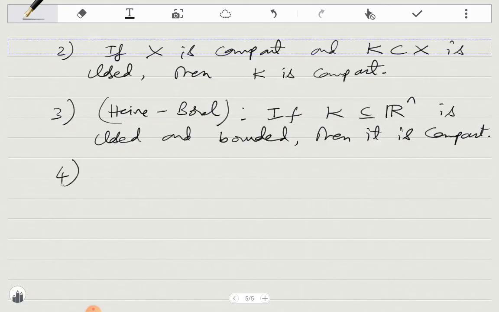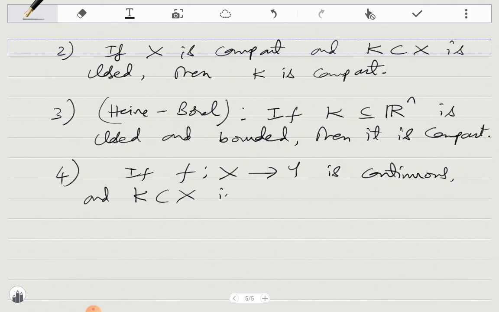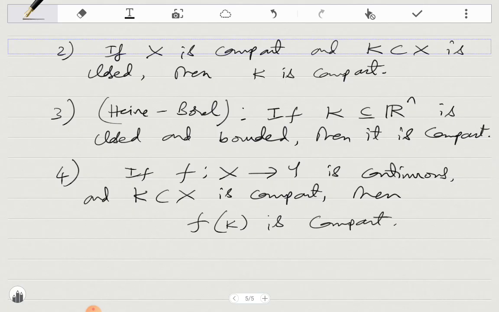Then the fourth property is that if f from X to Y is continuous, and K is compact, then its image is compact as well. f of K is compact.